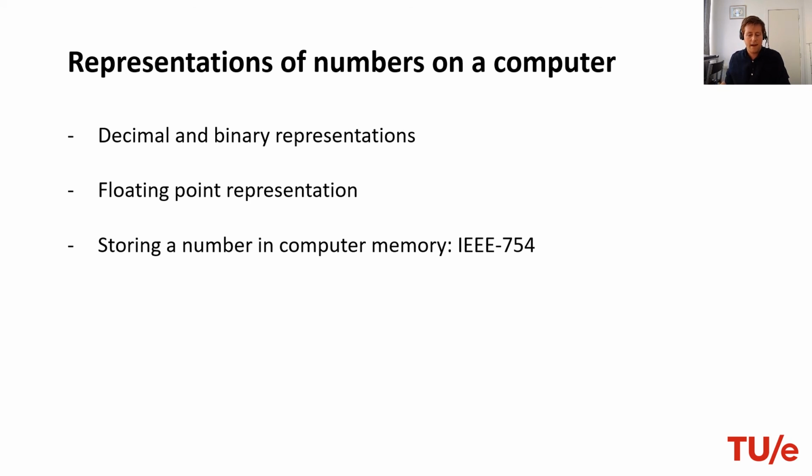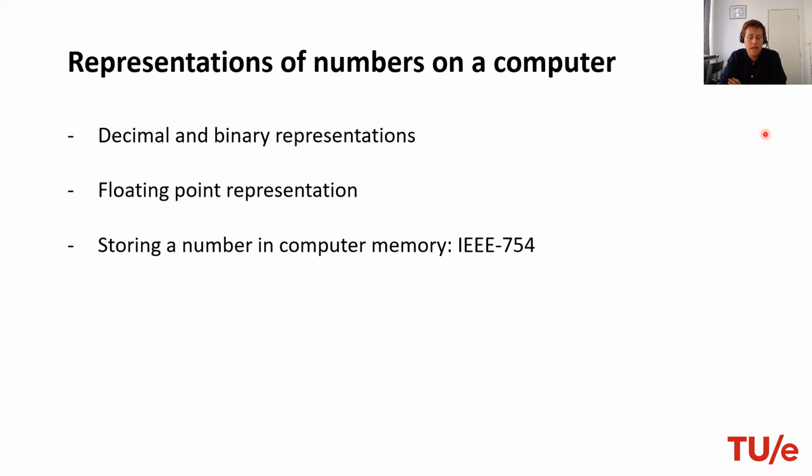We discussed how floating point representation is a solution to store both very small and very large numbers in an efficient way. Finally, we discussed how to store a number in computer memory, and for this we use the IEEE 754 standard, which is the worldwide standard today.